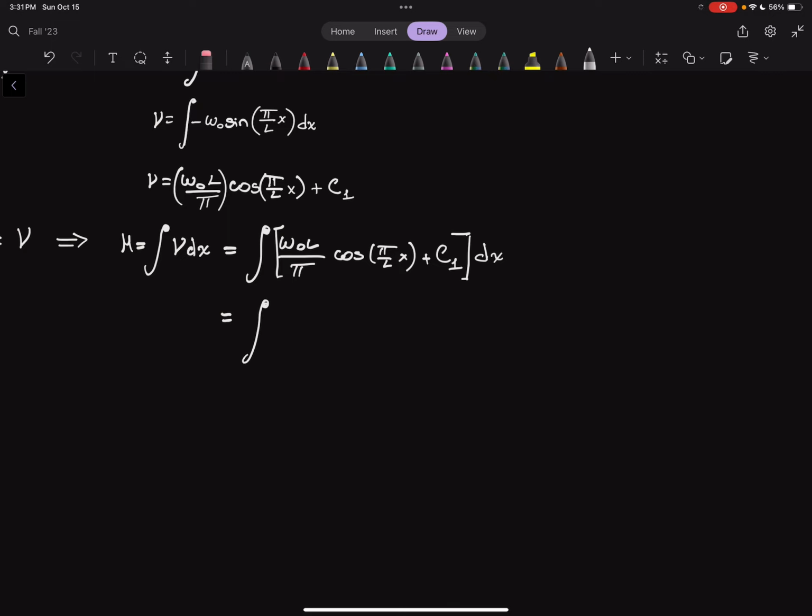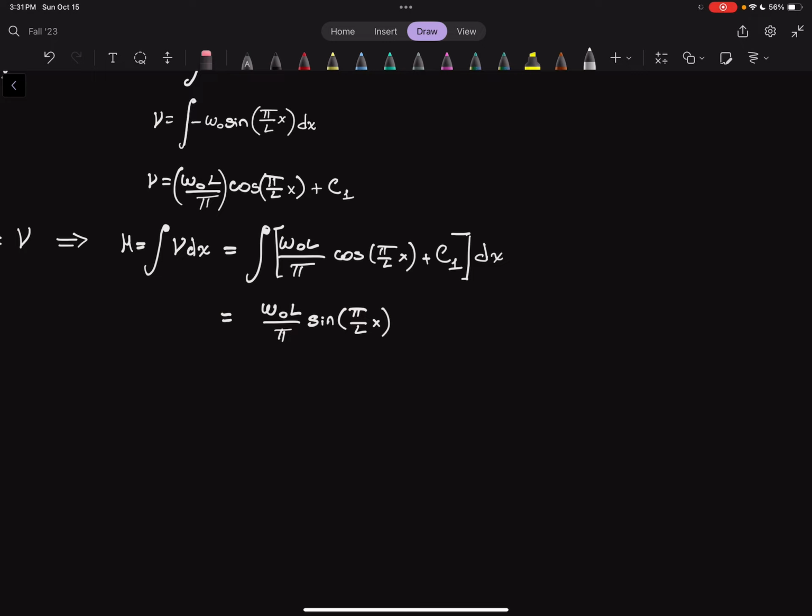Well, the integral of the first part is going to be, constants will stay in front, and then this is going to be the sine of pi over L x, but we must have had a pi over L out there, because it wasn't there.